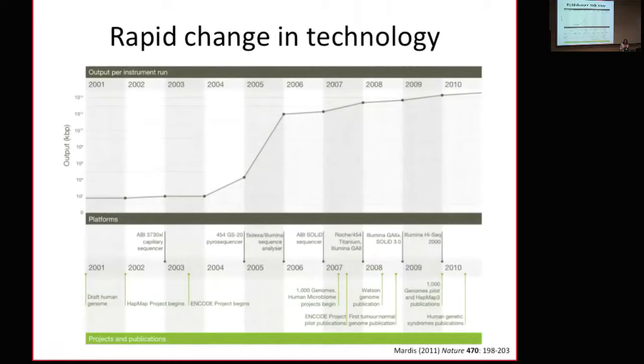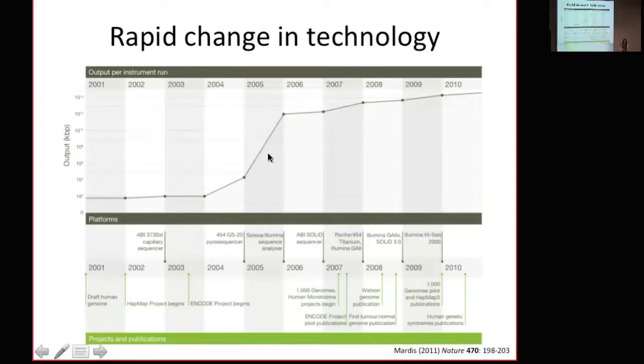So Elaine Martis from the University of Washington School of Medicine in St. Louis wrote an article and included this figure that explained this transition happening from around 2004 to 2006. All of a sudden, the amount of genomic sequencing data produced rapidly increased.